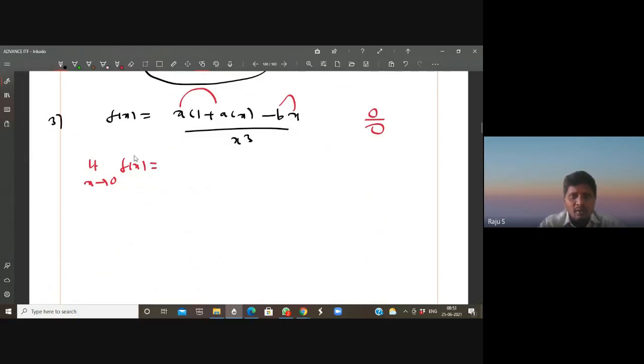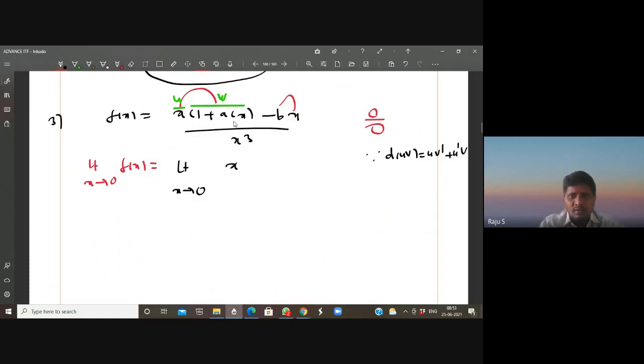Okay, so limit x tends to 0 f of x. I want to differentiate numerator and denominator with respect to x. Here we can apply the UV rule. X into 1 plus a cos x, what is u, what is v here? X is u, this 1 plus a cos x is v. Since we know that the derivative of uv formula is uv dash plus u dash v, right?